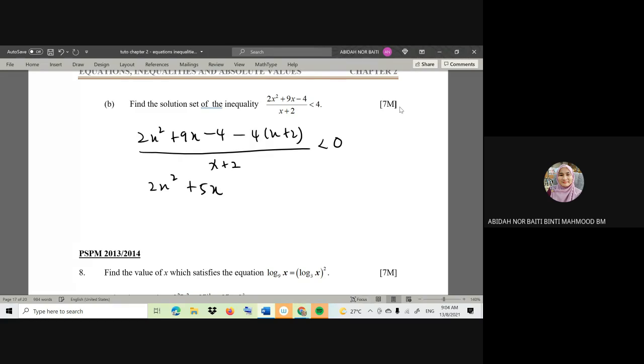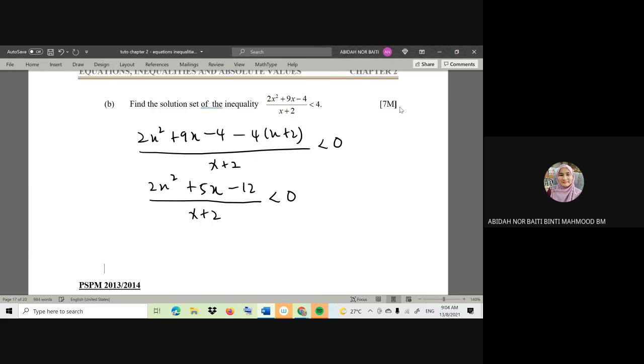So minus 4 minus 8 is minus plus right. Less 0. Kan? Okay. Then factorize your numerator. What you get your numerator? Numerator dapat apa? 2x minus 3 and x plus 4. Yes.